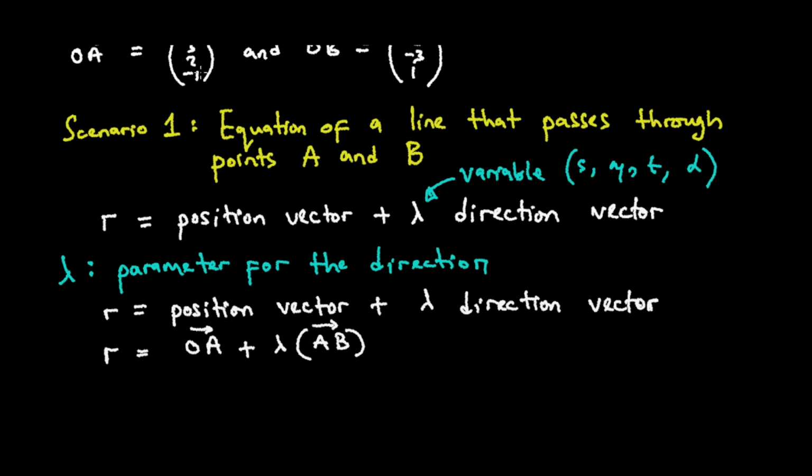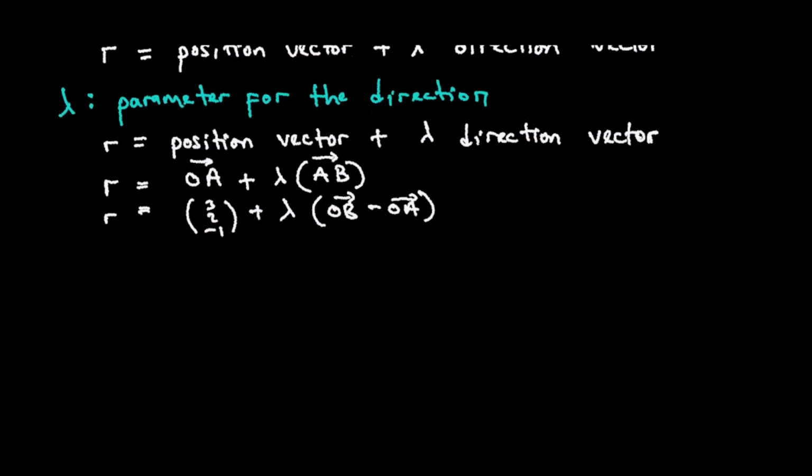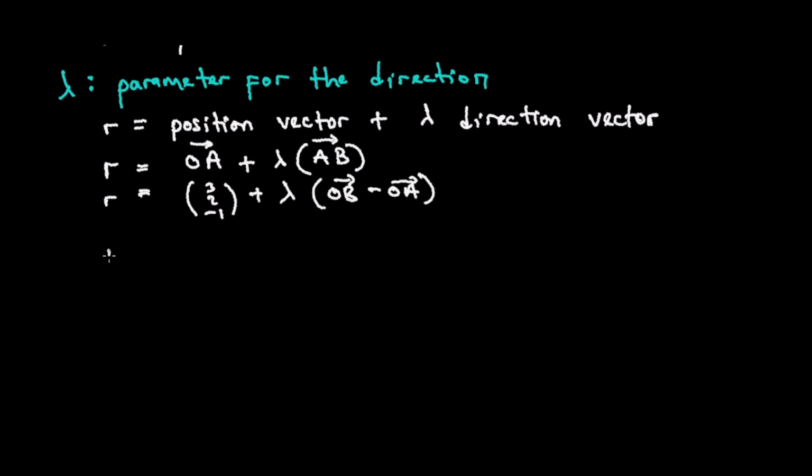What is OA? OA is (3, 2, -1). So r is equal to (3, 2, -1) plus lambda. Remember that AB is the destination point subtracting the source point. You have to remember that. So here we are saying r is equal to (3, 2, -1) plus lambda. What is OB?